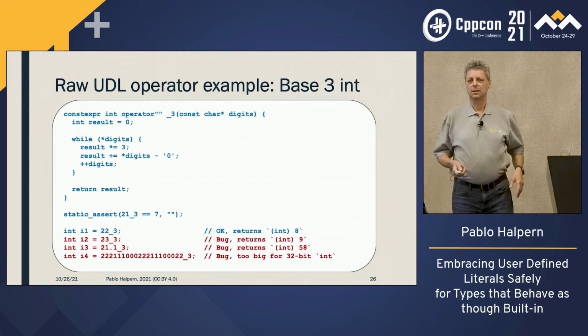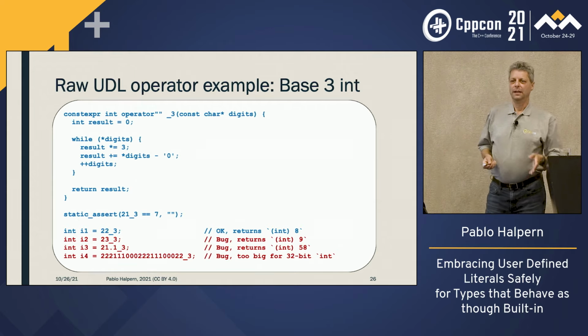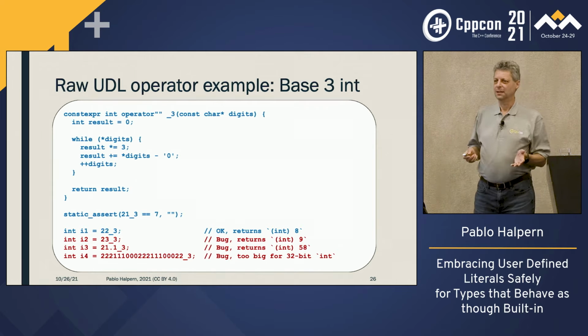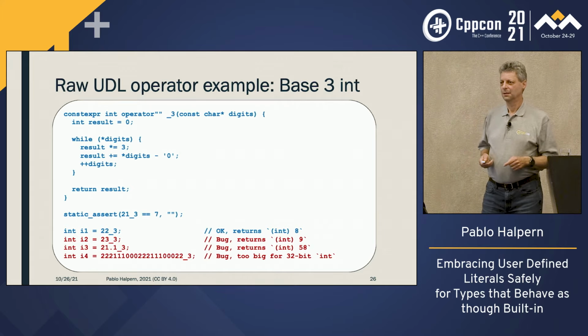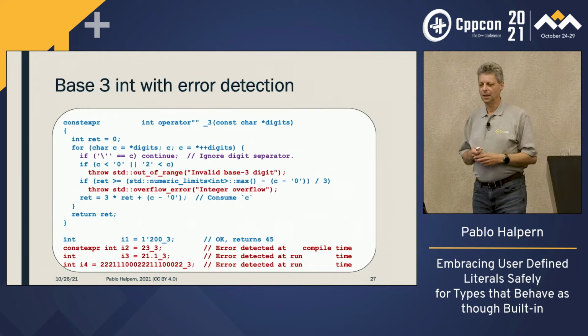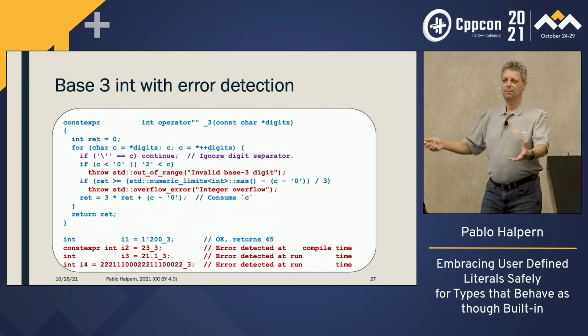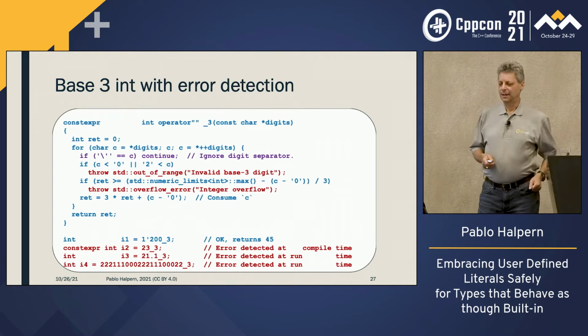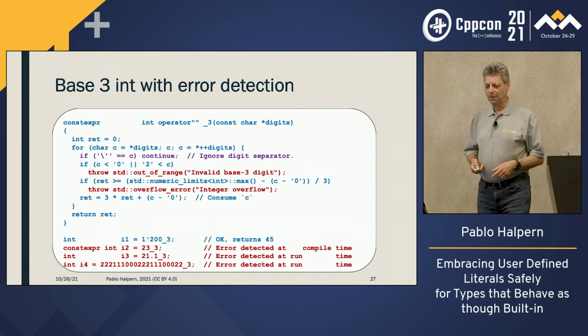And then the last one is simple overflow. In raw UDLs, overflow is not detected by the compiler in advance. You have to do it. So let's beef this up. We'll add the overflow detection. We'll add the out of range detection. So the very first thing we notice is in the purple that we're detecting the tick mark.